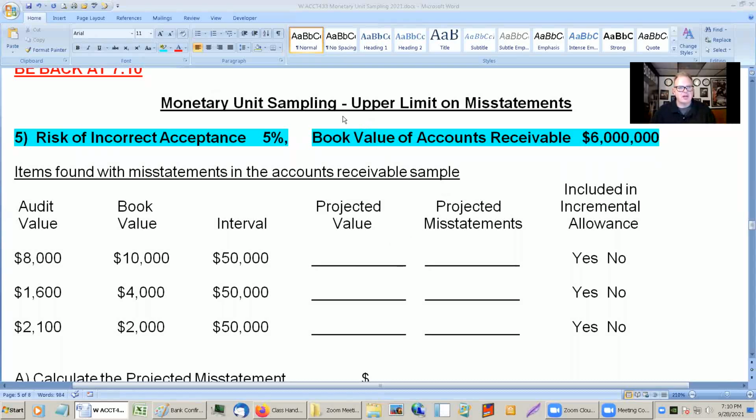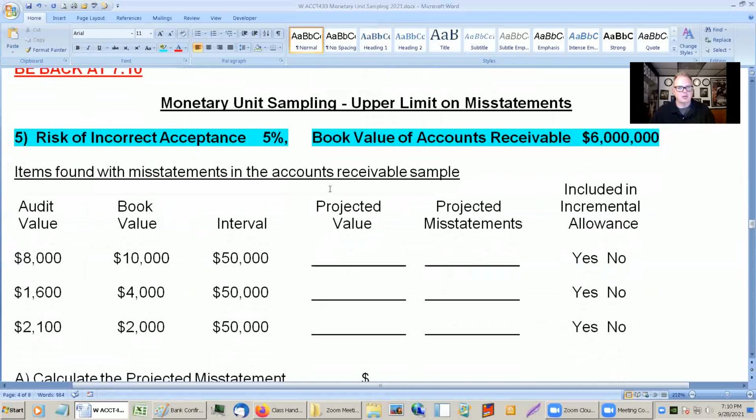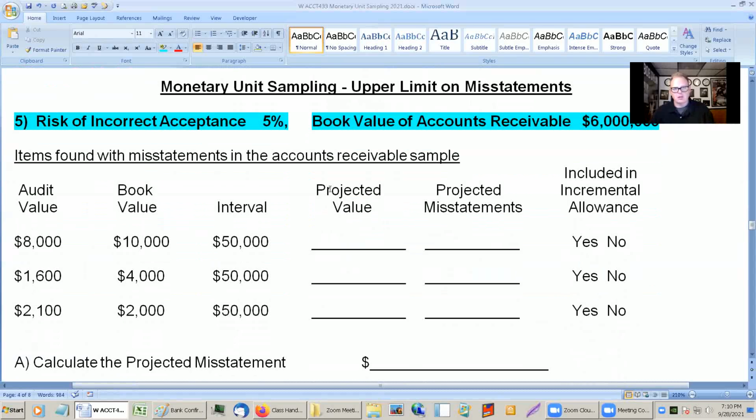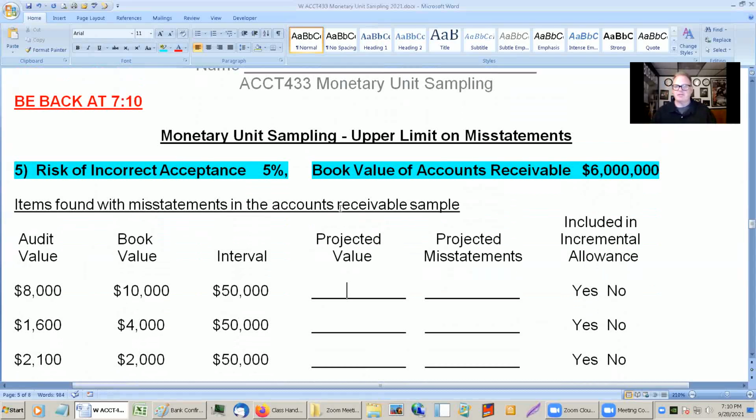Okay, so I think we're number 5. And number 5 is probably the biggest amount of a problem they'll give you on the CPA exam.